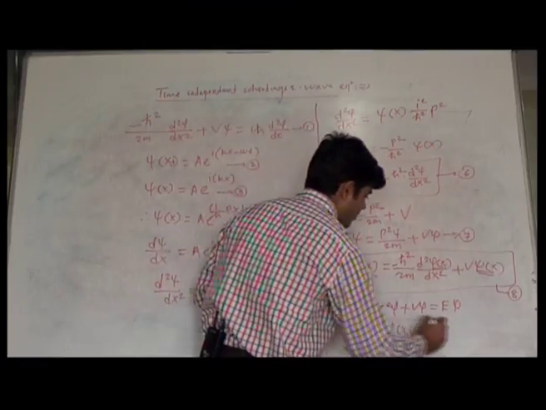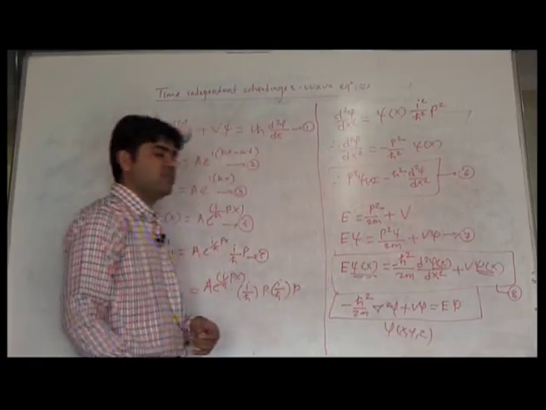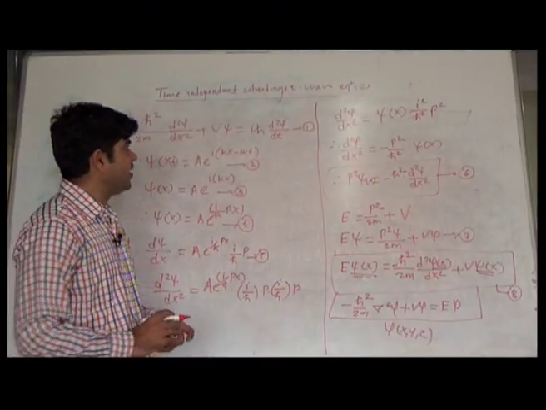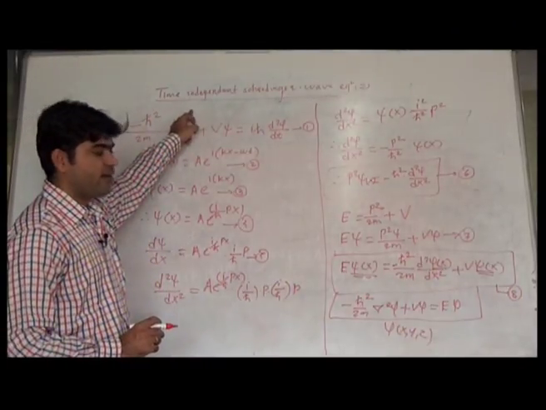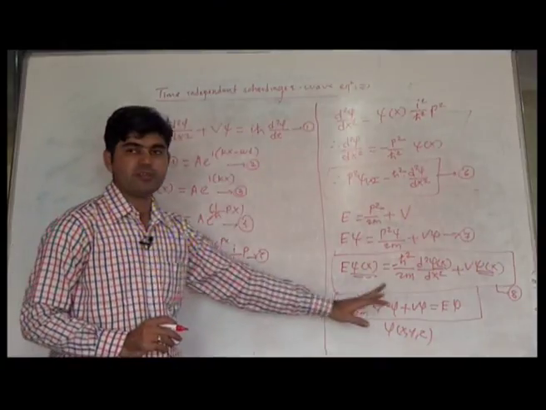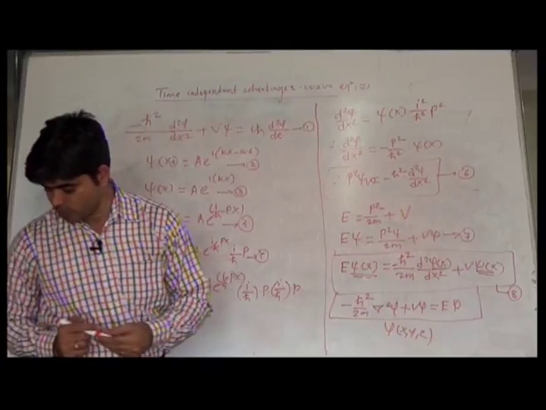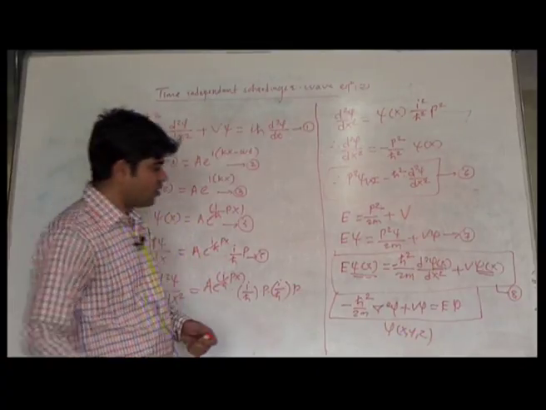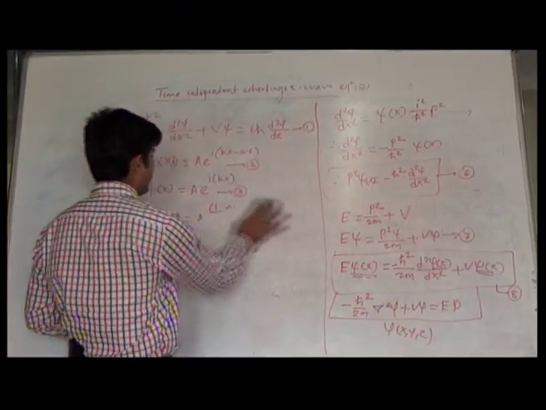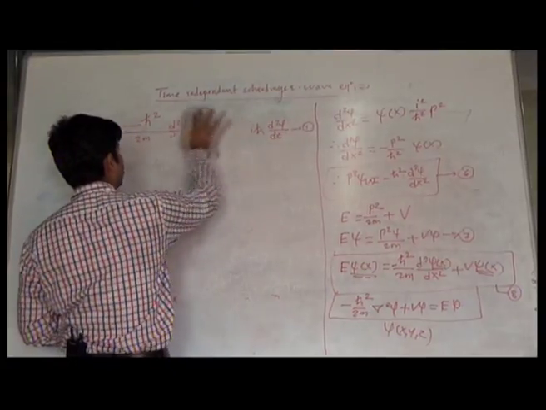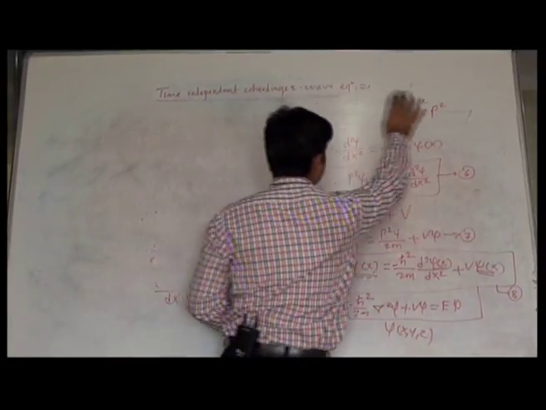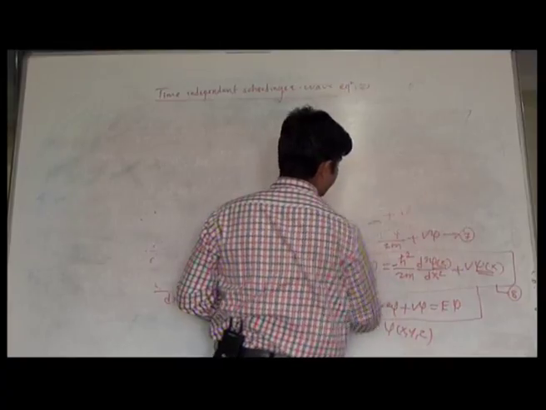This last equation is called the Schrodinger time independent wave equation in three dimensions. So at this point we have learned two concepts: first the time dependent and second the time independent Schrodinger wave equation.